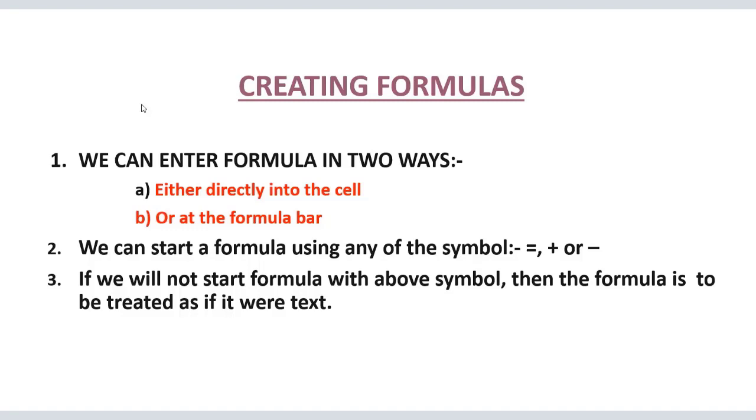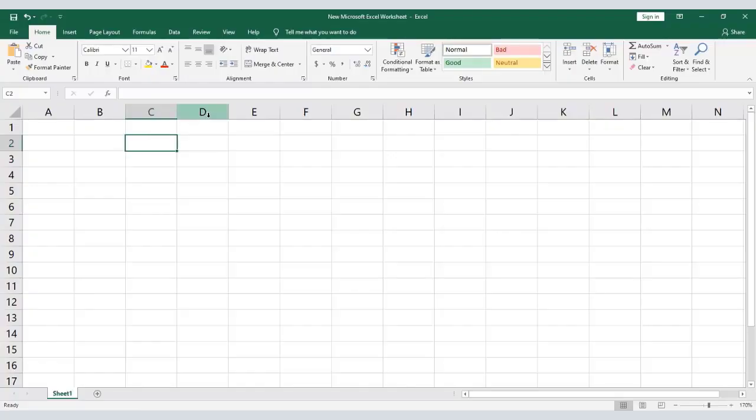I'll show you an example here. When I make a formula, I have to give the equal to sign as I told you in the second point. When I give the equal to sign and add 5 plus 4, it will give me 9 as a result.